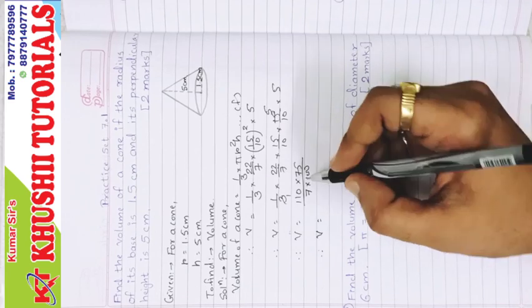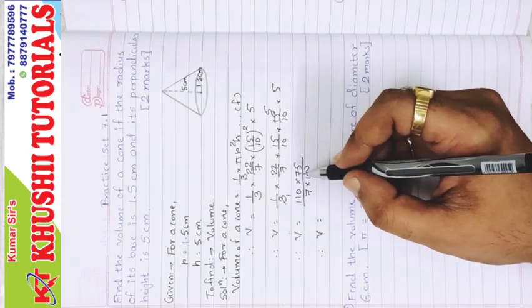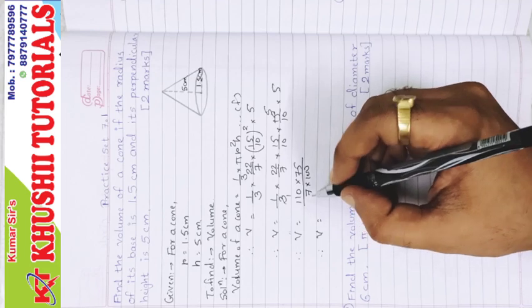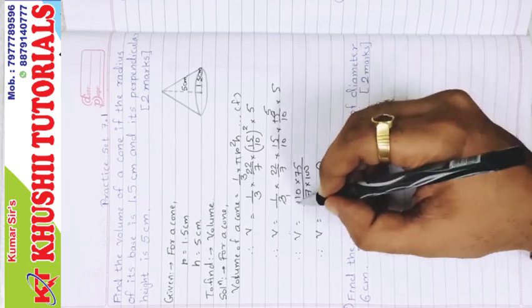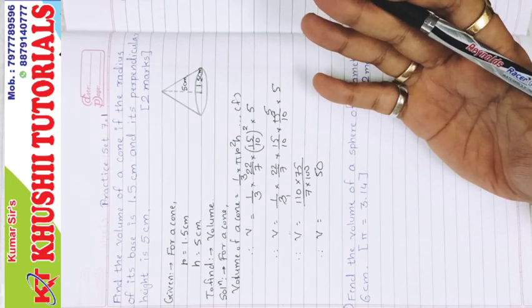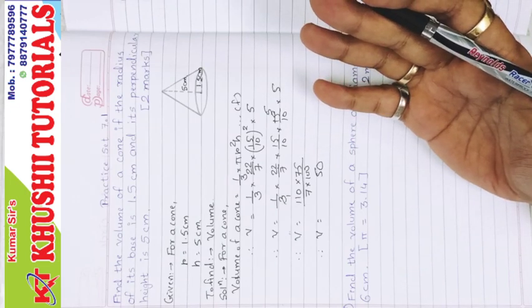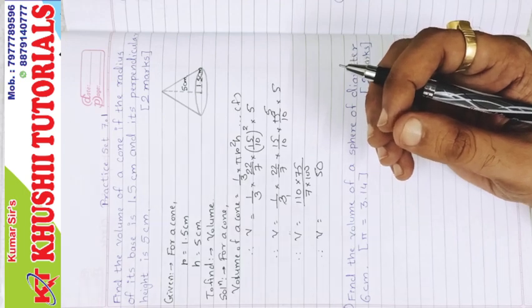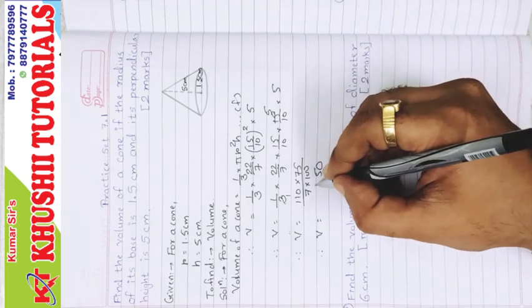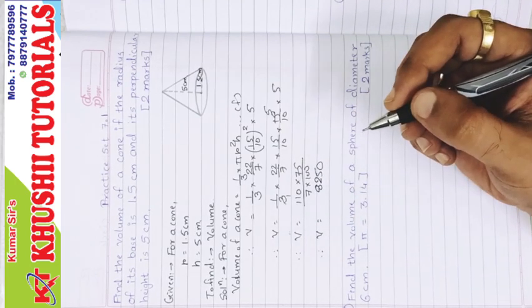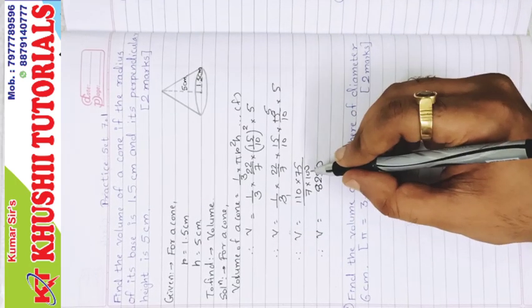Therefore V equal to 110 into 75 will be 8250.